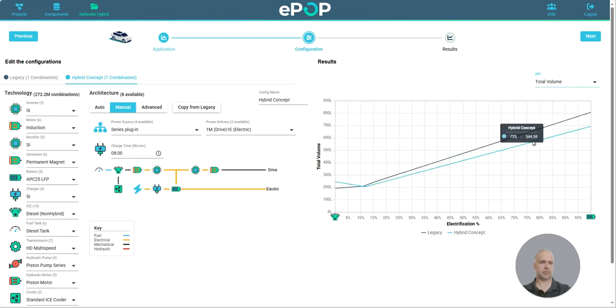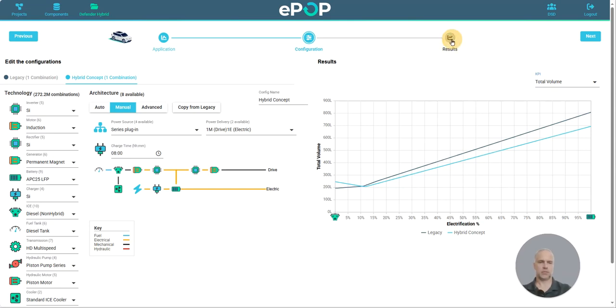Is the vehicle able to support the volume of batteries as electrification goes up for the full range of the application? The EV conversions that the customer had already done, the volume was too much, so they actually had to cut down range to a third of the legacy powertrain in order to fit the batteries.